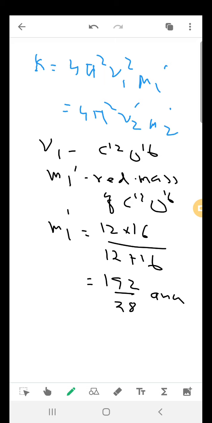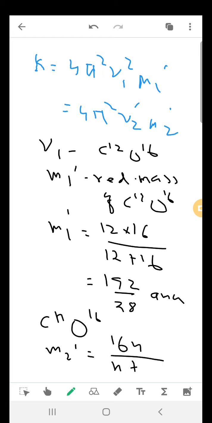Now for CnO16, m2 dash is 16N divided by N plus 16.